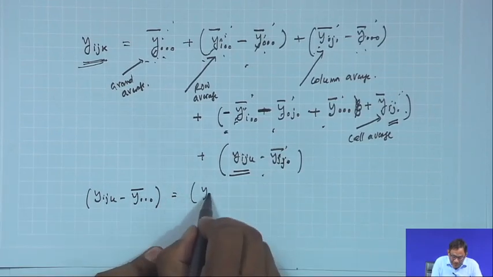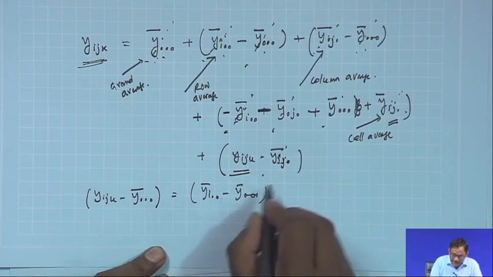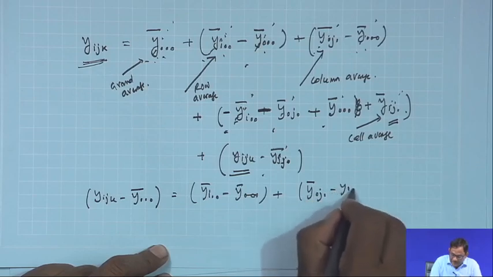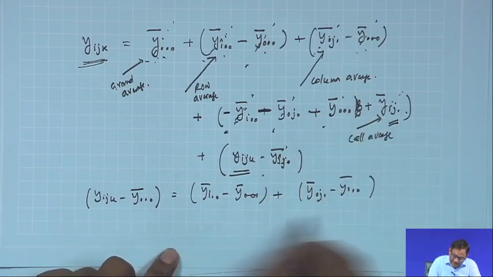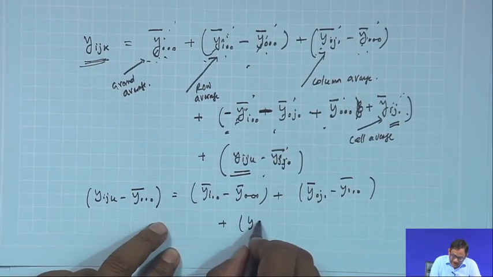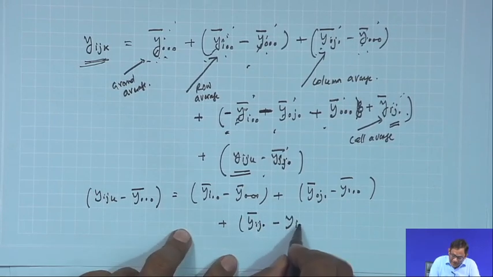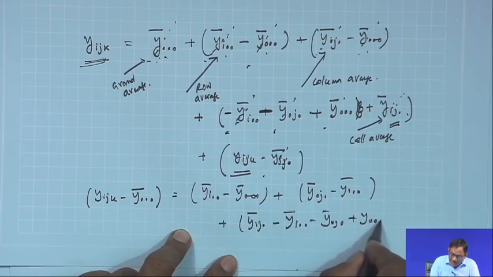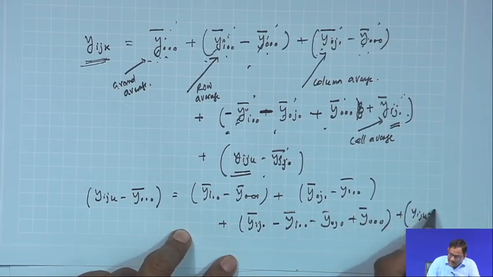I can write this as y i dot dot bar minus y triple dot bar, plus y dot j dot bar minus y triple dot bar, plus y i j dot bar minus y i dot dot bar minus y dot j dot bar plus y triple dot bar, then plus y i j k minus y i j dot bar.